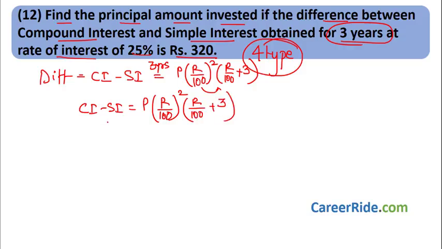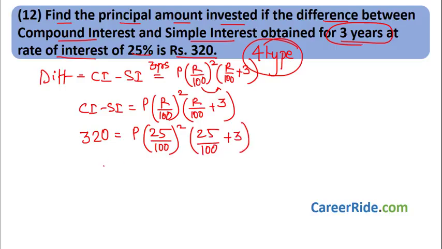Okay, so let us find out. We have been given that the difference is 320 rupees. Do we know the principal amount? No, that we have to find out. What is the rate of interest? 25% upon 100, the whole square, times 25 upon 100 plus 3. What do we get?